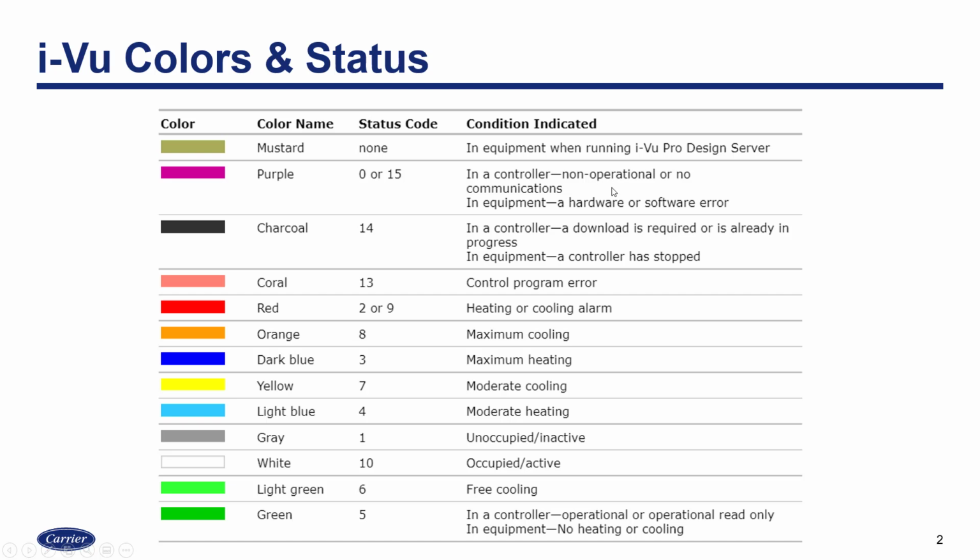And when I say that's the most common, that can be a situation where a rooftop has been shut down for service, so we no longer have communication for it, blown fuse, things like that. So all of these colors are once again depicted in the user manual, and all of this gives us a quick, easy reference as to what's going on within our iView system.